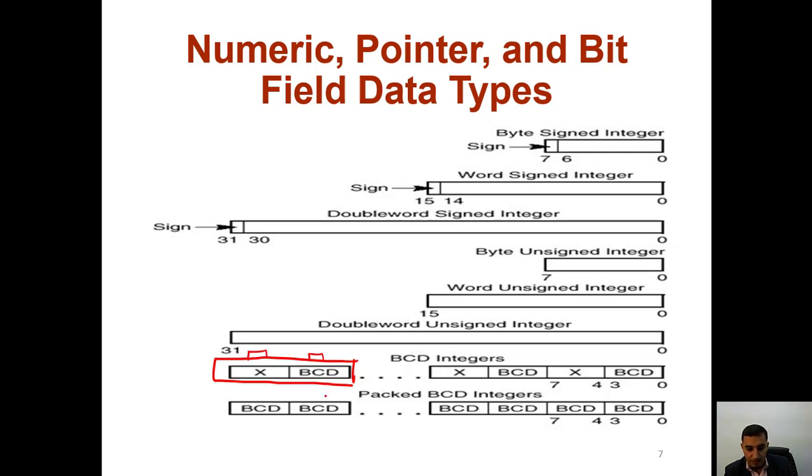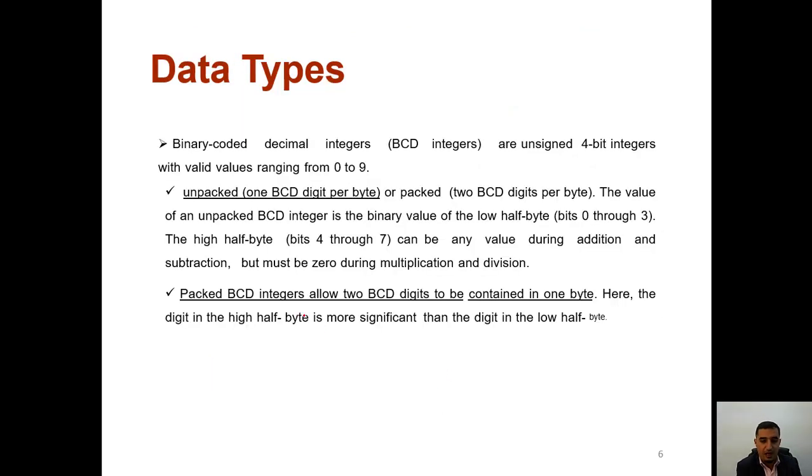In the packed BCD you are going to use 2 BCD numbers in 1 byte. The same applies for a BCD inside a word or a BCD inside a packed word over here. When it's unpacked, this means 1 BCD digit per byte.